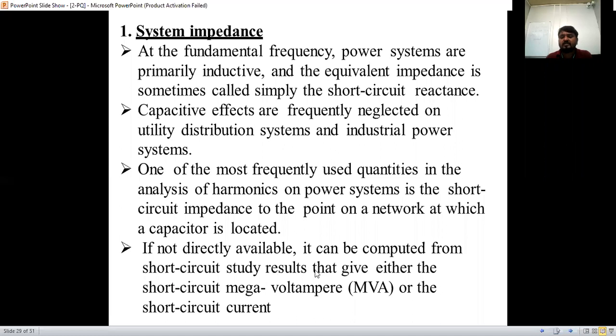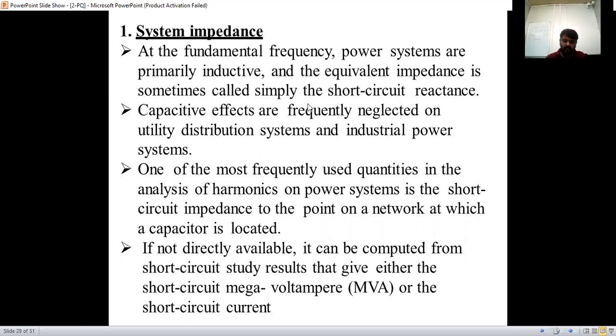Short circuit studies give either the short circuit MVA, mega volt ampere, which is the apparent power, or the short circuit current. Here you have to understand that it is primarily inductive, so capacitive effects are neglected on the utility side and industrial power side.